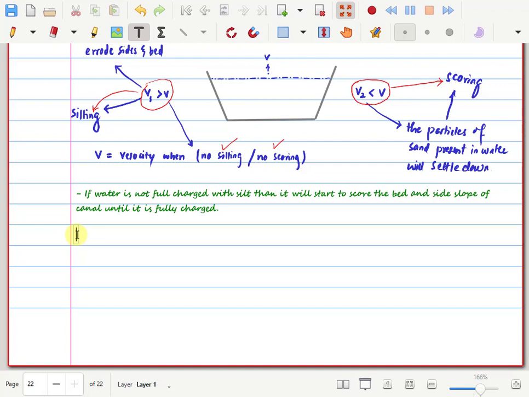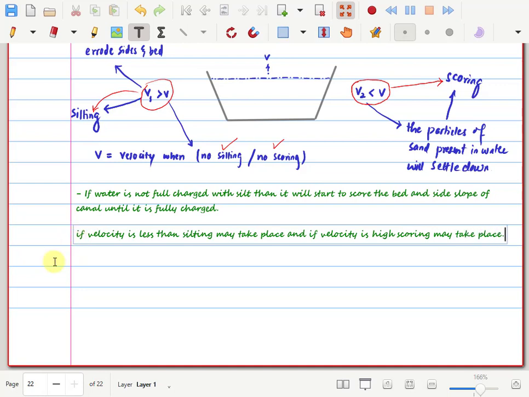Second important point, all these points being based on the above diagram which we have discussed: if velocity is less, then silting may take place, and if velocity is high, scoring may take place.